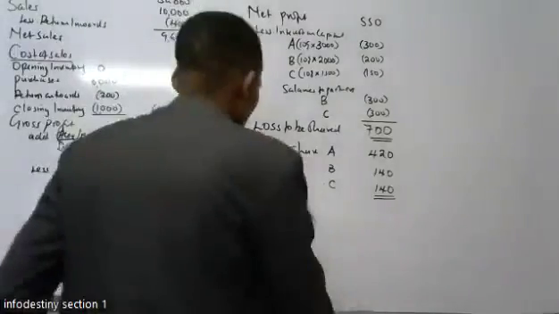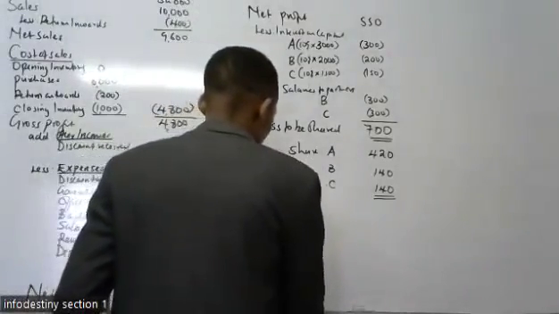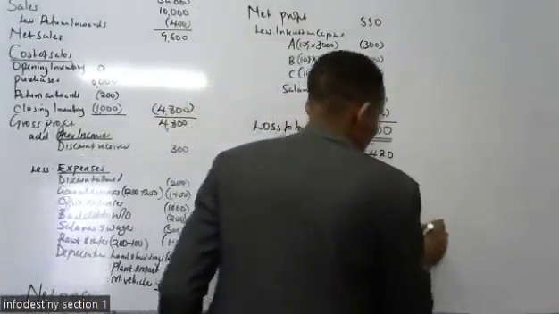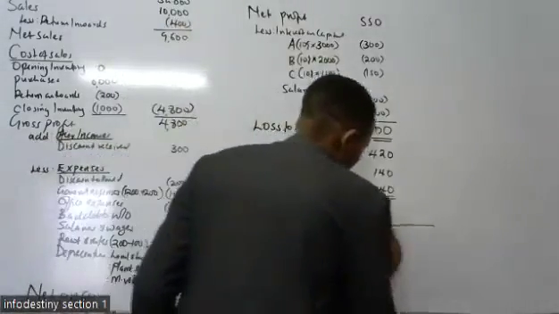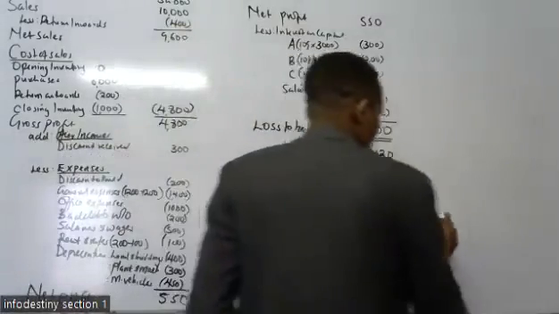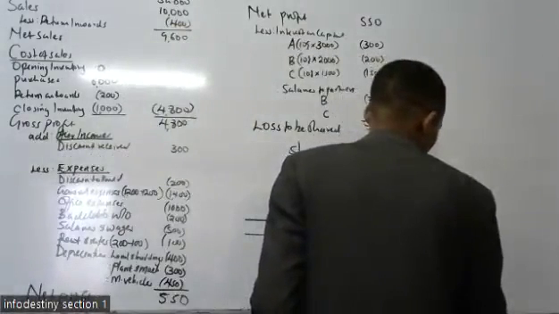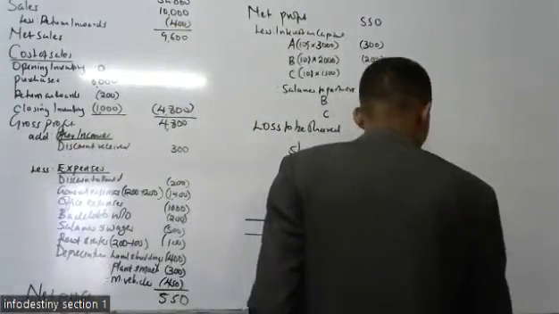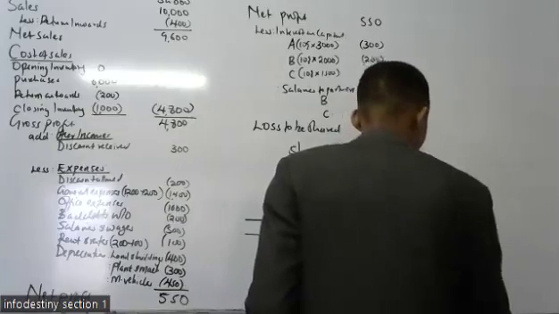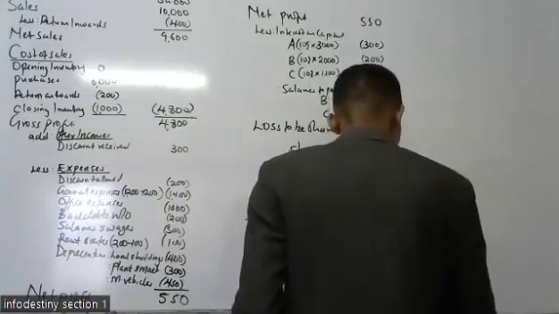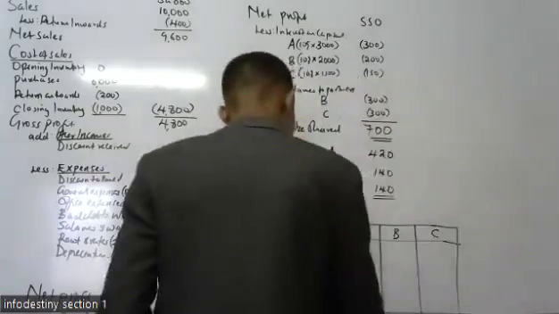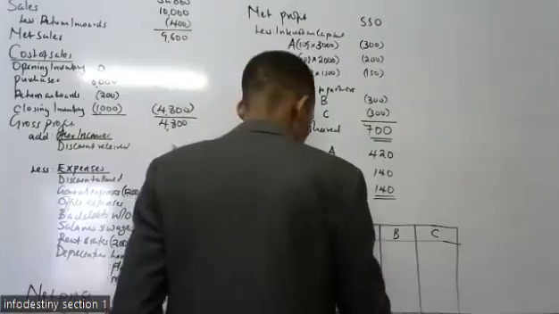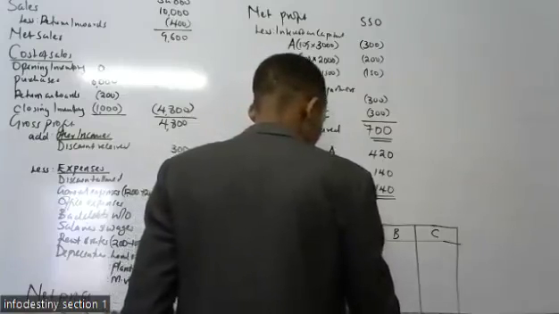So let's prepare the partner's current account. Just prepare a sketch of it. You have partner C, partner B, partner A. Then we have the details.